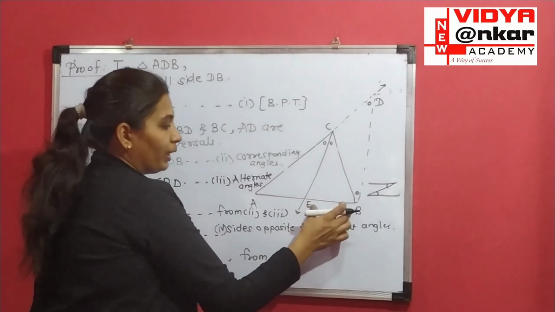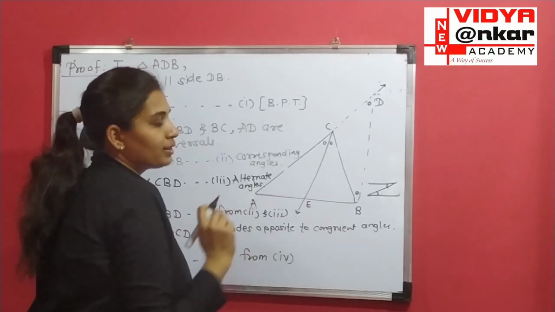Means AE upon EB will be equal to AC upon CB.